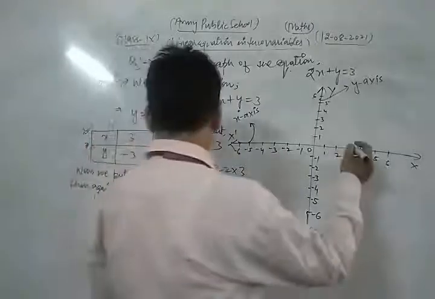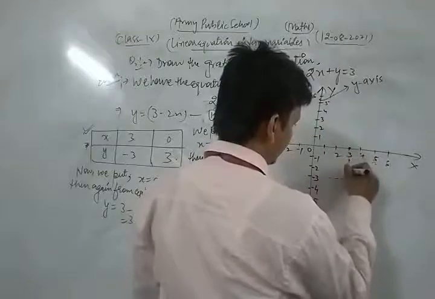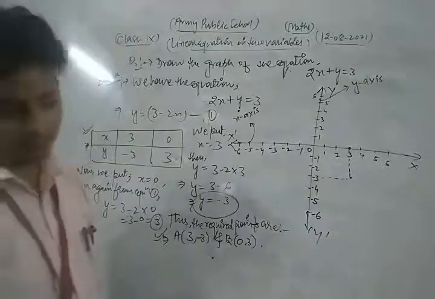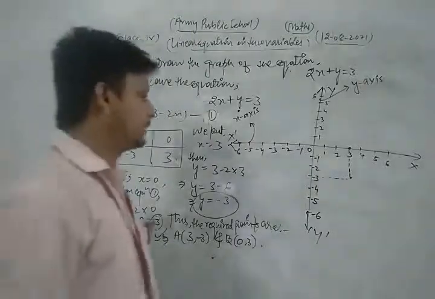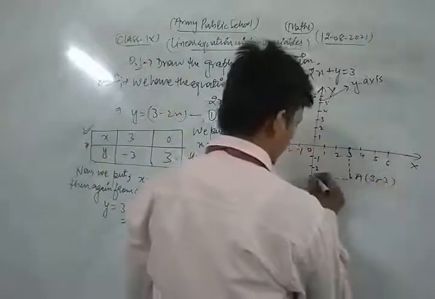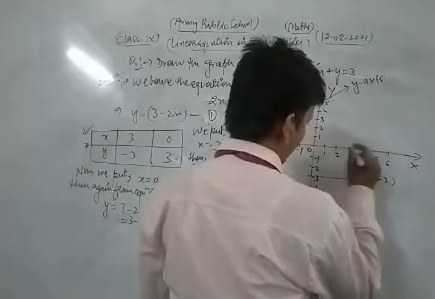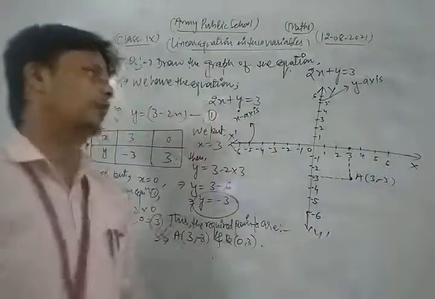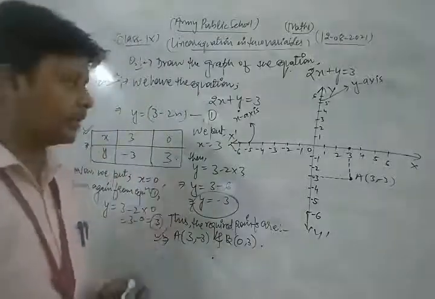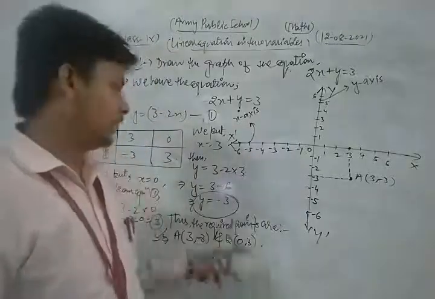So the point (3, minus 3) is at this point. This is the location of point A, which we found with the help of the linear equation. After that, we draw another point B on the same graph, which is (0, 3).